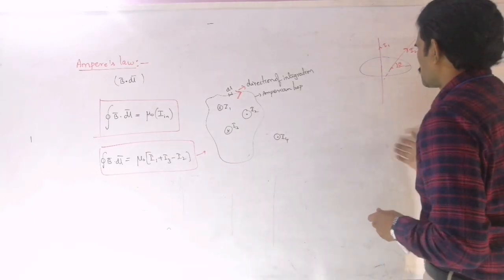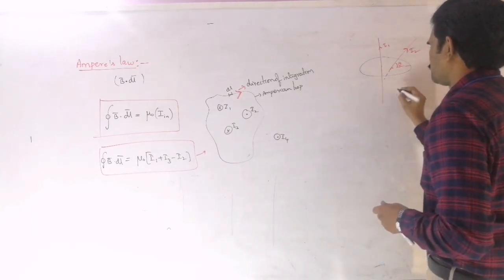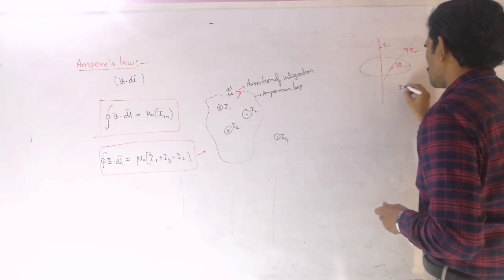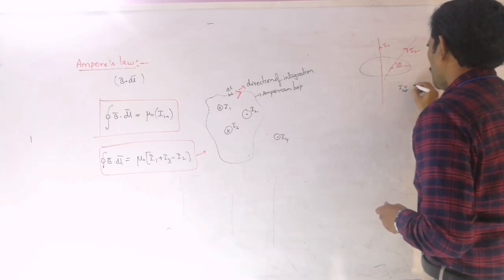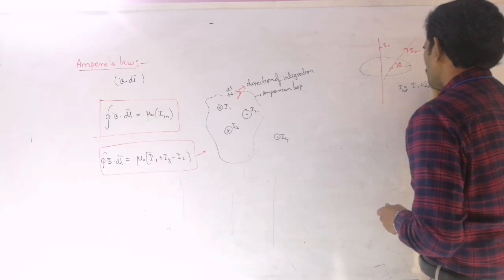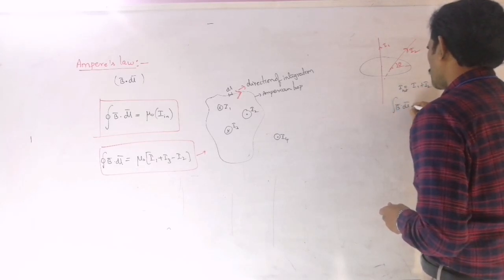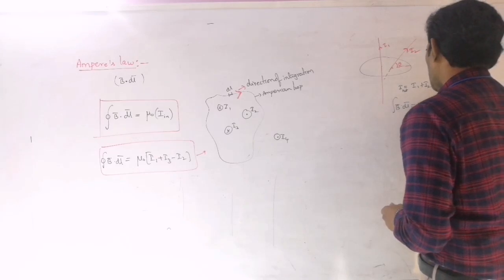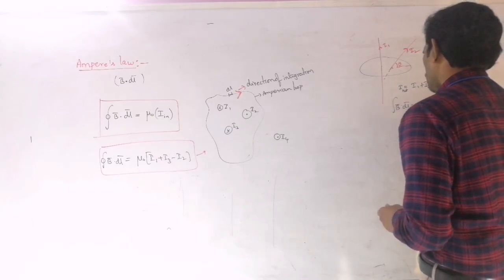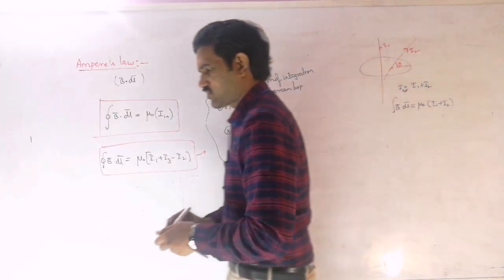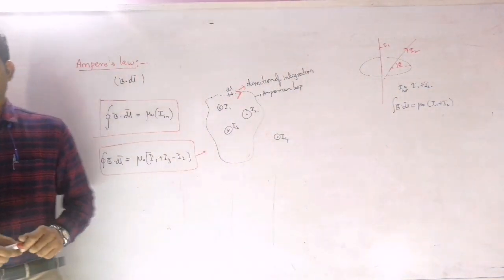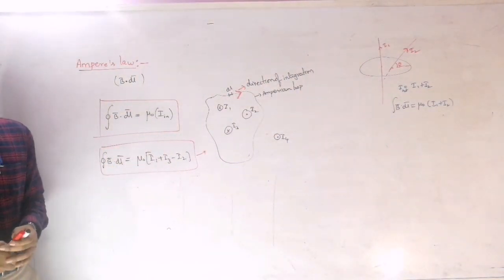Here you can consider the net current is nothing but I1 plus I2 only. Therefore integral of B bar dot dl bar is equal to mu naught into I1 plus I2. Even when the conductors are inclined at some angle theta with this plane, we need to take the same I1 plus I2 only.